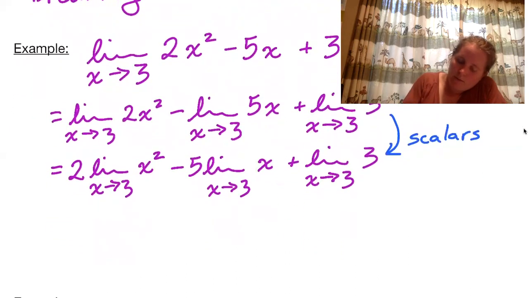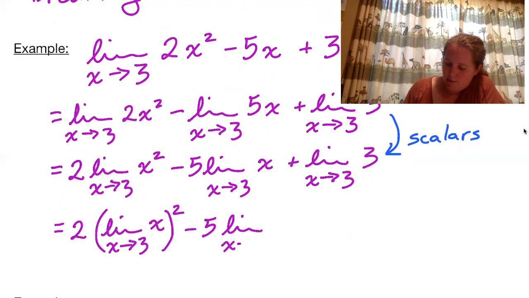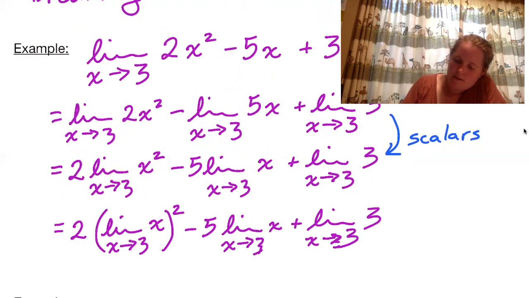Then if we wanted, we could pull out our square. So this is 2 times the limit as x approaches 3 of x, and we are going to put that limit inside its square, minus 5 times the limit as x approaches 3 of x, plus the limit as x approaches 3 of 3. So on this stage, we are using powers.